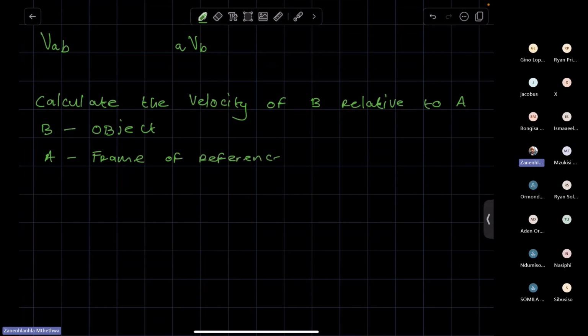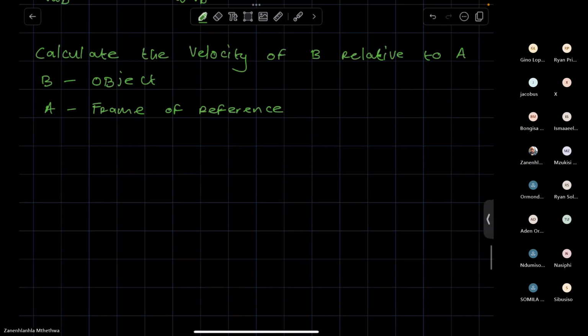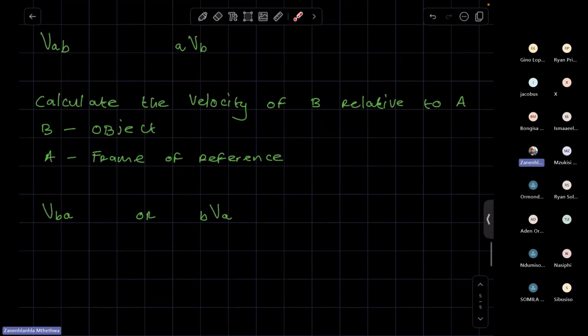Mathematically this would be V_BA, or B V A. So first letter, object. The object here is B, and A is the frame of reference, A being the second letter. Or if you write it like this, again, the first letter is your object, and A being the second letter is our frame of reference. So that's how you look at it. Are we clear?